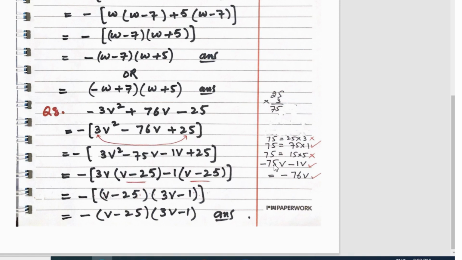So minus 75v minus 1v will give you minus 76v, and you will get back this term if you write down these two parts of this term over here. Got it? Now write down the appropriate or the useful parts of minus 76v over here.